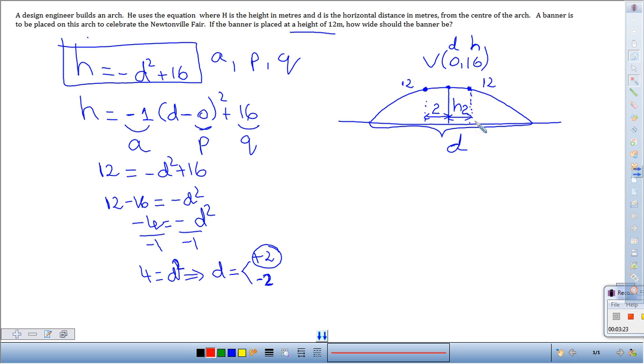Well, no wider than 4 meters wide, right? As soon as it's wider than 4 meters, it will not fit in terms of height under my arch, because right over here, let's say we go over at 4.2 meters, my height will be something like 11.5, and I can no longer fit my banner, which is 12 meters tall.